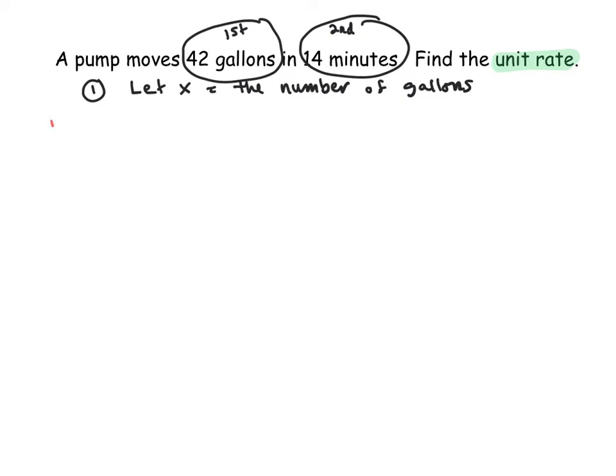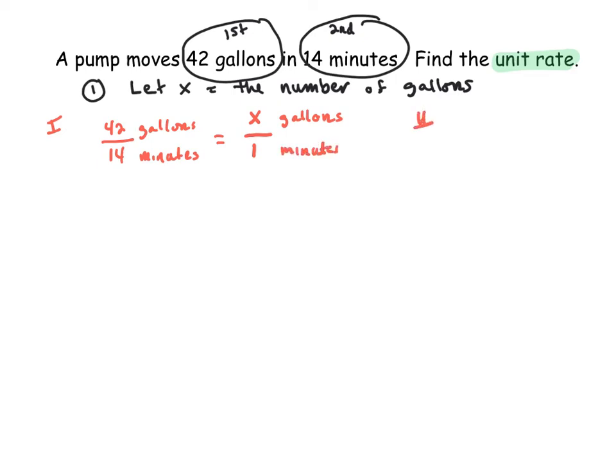So let's use our first method, the proportion method. So we would be asked to set up this proportion, 42, and remember your labels, 14 minutes. So this is what they gave us. So now when they say unit rate, we have to know that that means I'm trying to figure out the number of gallons, the first item, for one of the second item, and in this case it's minutes.